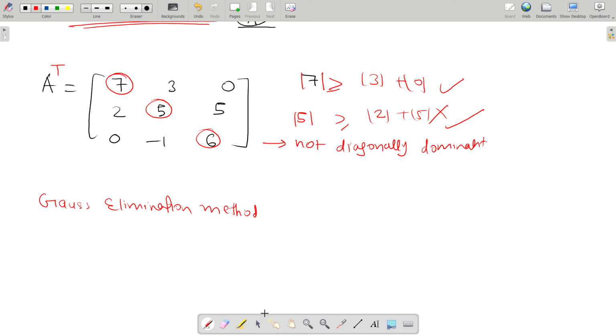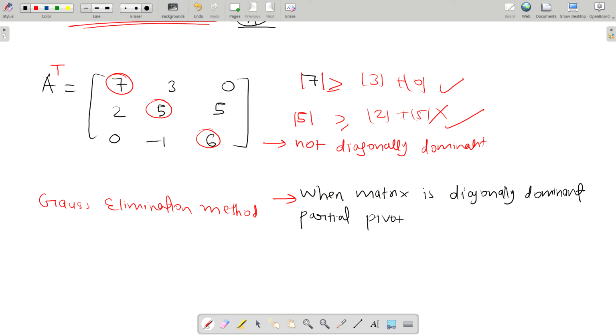When our matrix is diagonally dominant, partial pivoting is not required.